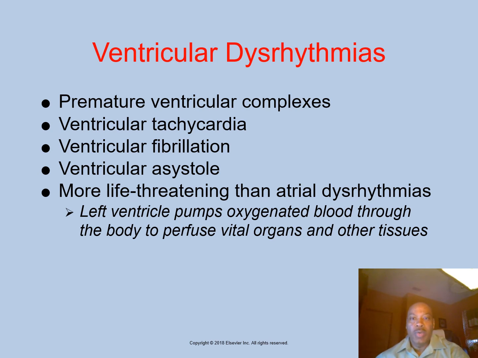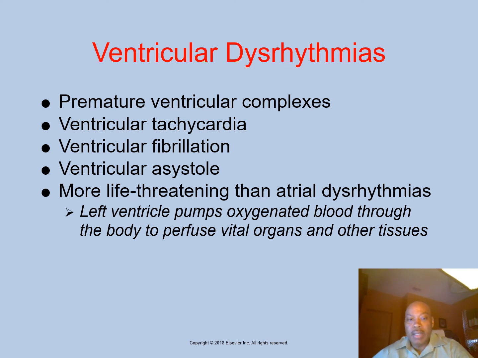And so now we begin to talk about those abnormal rhythms that are originating in the ventricles. Those rhythms are referred to as premature ventricular complexes, ventricular tachycardia, ventricular fibrillation, and also ventricular asystole.